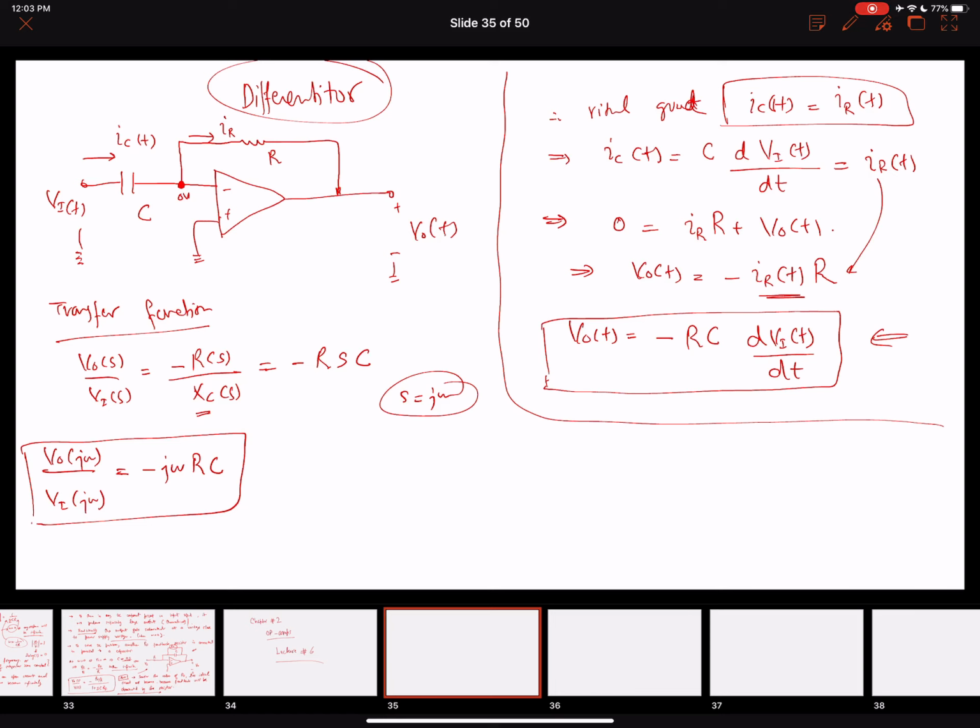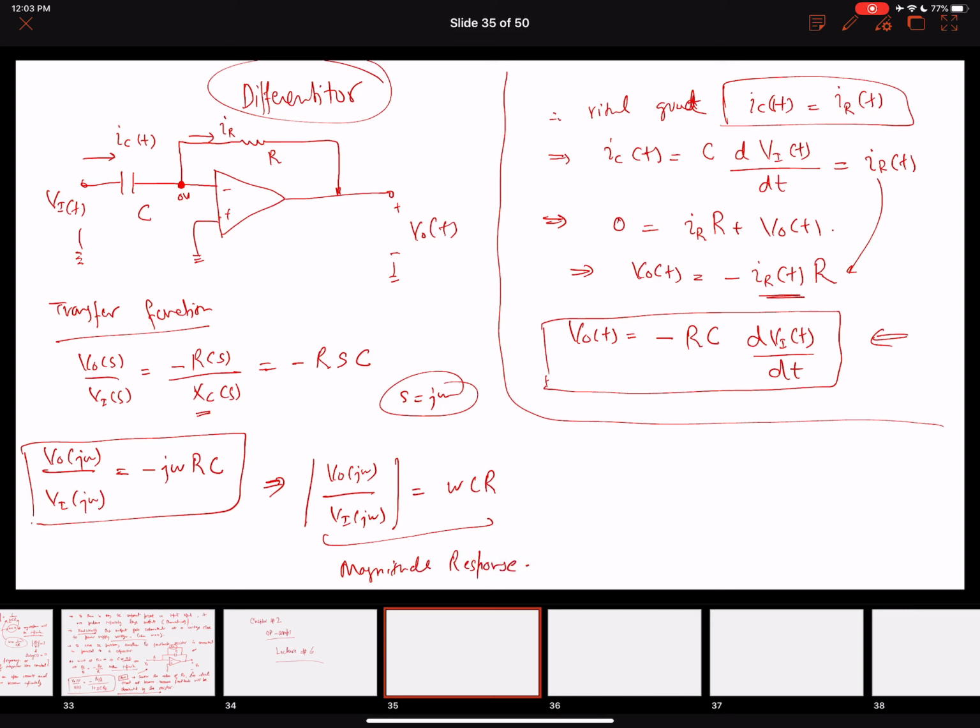We can easily find out the magnitude response of this. The magnitude response, V naught of j omega over Vi of j omega, equals omega CR.